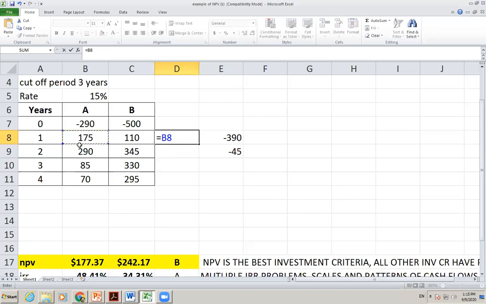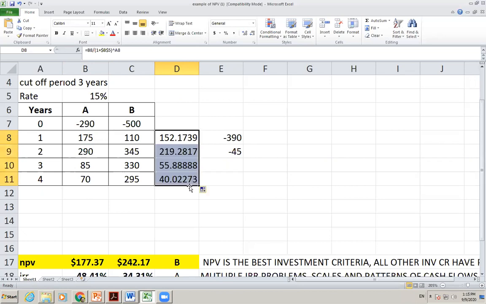So 175 divided by 1 plus 15%, and we're raising to the power of 1. And we go so far. Same thing we do.